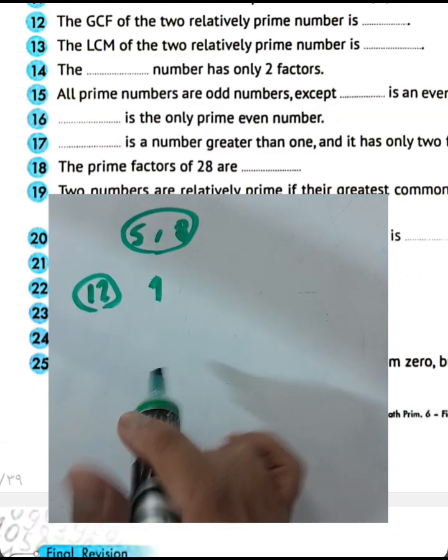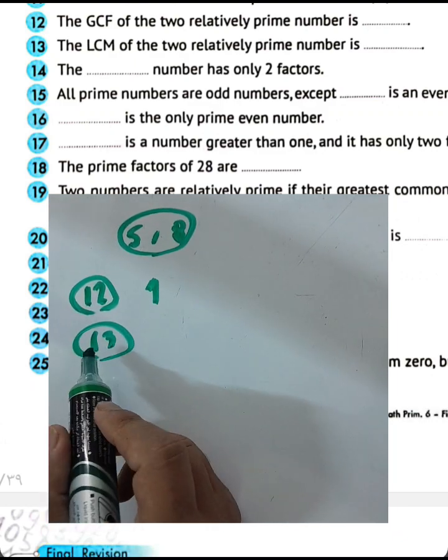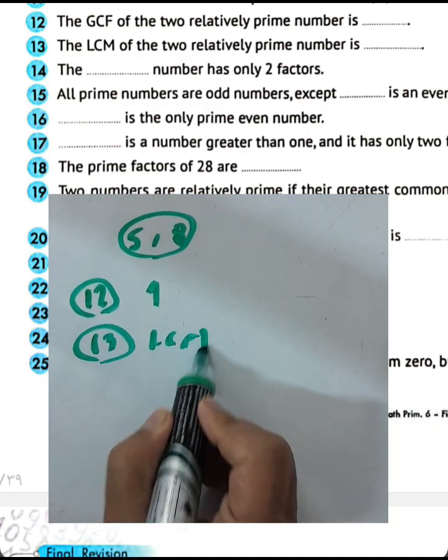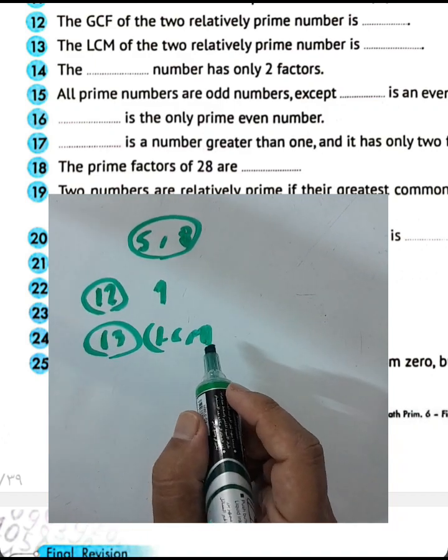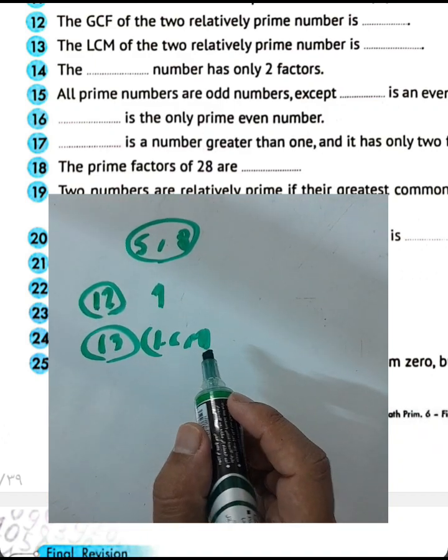Okay, question number 13. The least common multiple of two relatively prime numbers is their product.